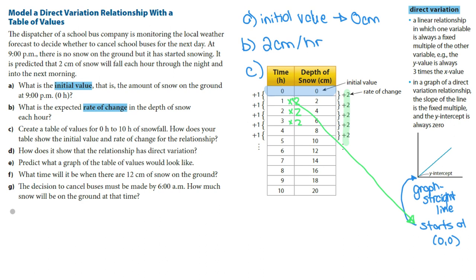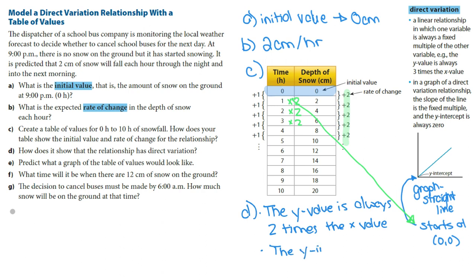For D, we'll say the y value is always 2 times the x value, and also it has that 0, 0 point, which means the y-intercept is 0.